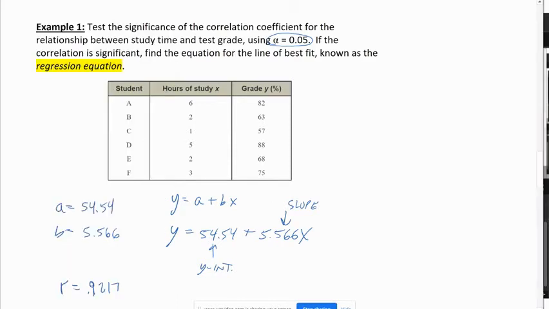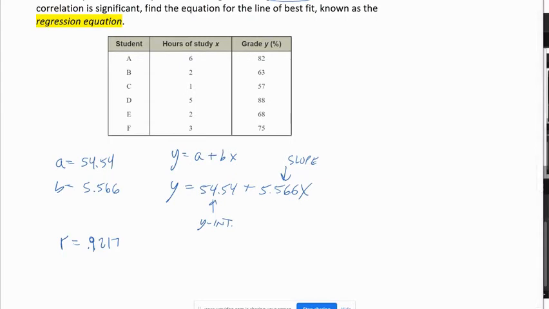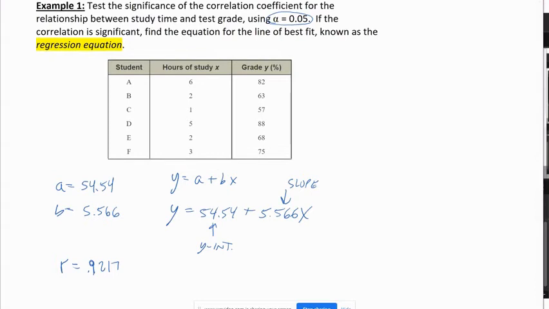Okay, so now the question is, is this correlation strong enough to meet the threshold of alpha equals 0.05? There are two ways to finish it from here to test it. One is to use the T table with alpha. This is always a two-tailed test when we're testing the regression.